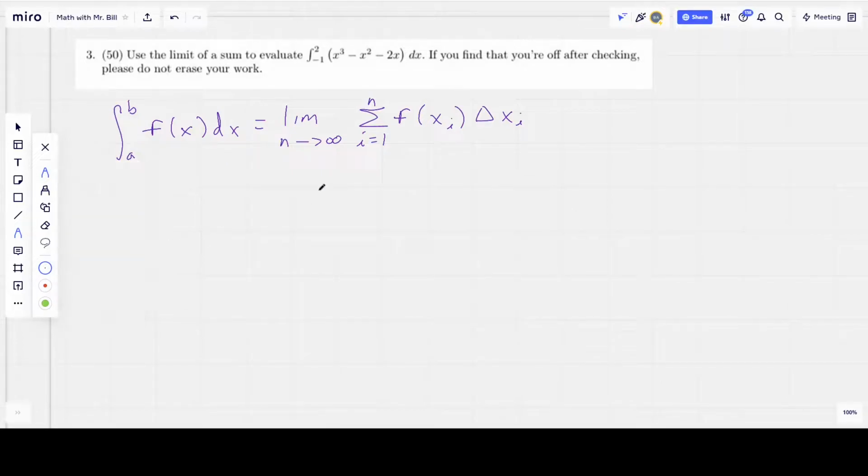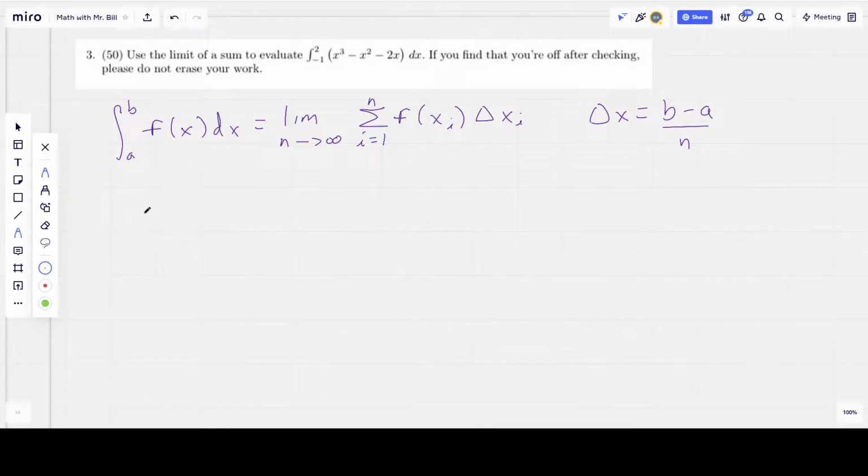Now, for our problem, our delta x sub i is going to be a fixed amount, and so we can say that delta x is actually equal to (b minus a) over n. Sometimes it's not. Sometimes you can take the widths of different rectangles for each interval, and that gets into different problems. But for us, it's just going to be the same thing for each interval.